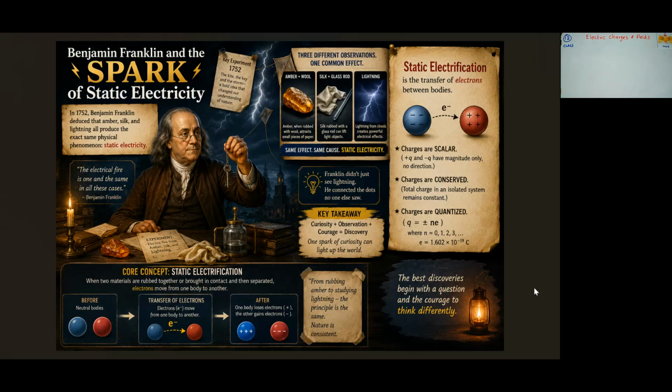Then the next property, additivity. The net charge on a body is a simple algebraic sum of all individual charges. For example, in your class there is a term, average mark of a section, 12th A or 12th B. That means the algebraic sum of all the students' marks divided by the total number of students in that section.